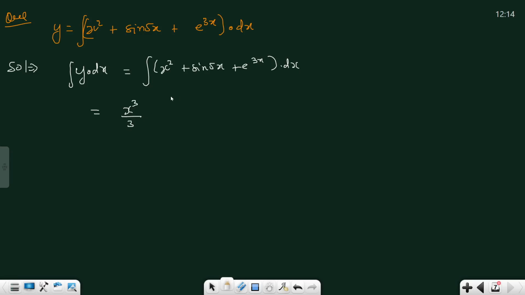And what will be the integration of sine 5x? It will be minus cos 5x divided by 5. And integration of e to the power 3x will be e to the power 3x, and you have to divide it by 3, plus constant C. So is it correct? Is it matching with your answer? Yes, sir.